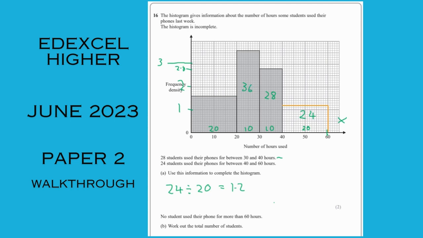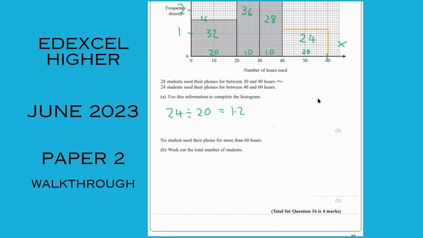So there's 36 in there. This goes up to a height of 16. So there's 32 in there. So 32 and 36 and 28 and 24 means we have a nice looking number, 120 students in the diagram.